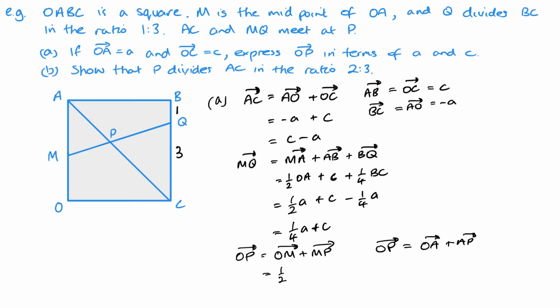Now OM is a half A, and MP is some fraction of MQ. So it's a half A plus lambda, a quarter A plus C. And then looking the other way, OA we know is A, and AP is again some fraction, which we don't know, of AC. So A plus the fraction, and AC was C minus A.